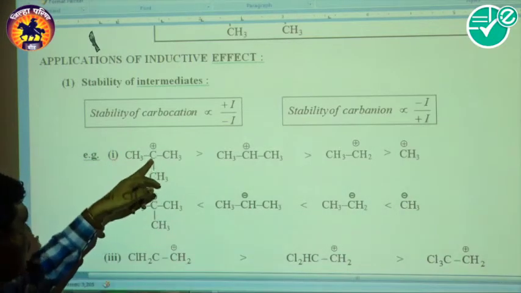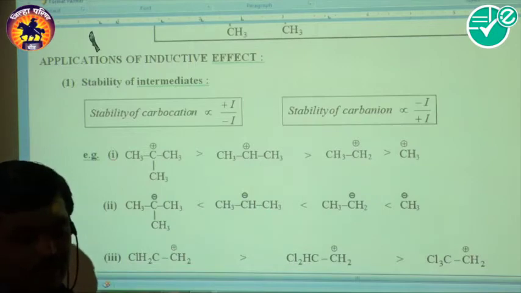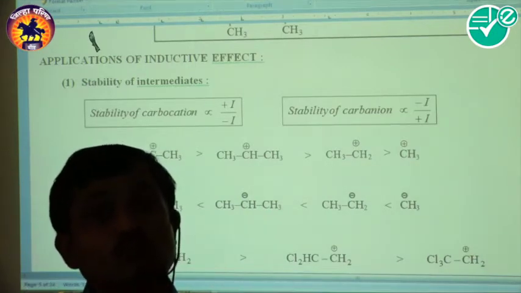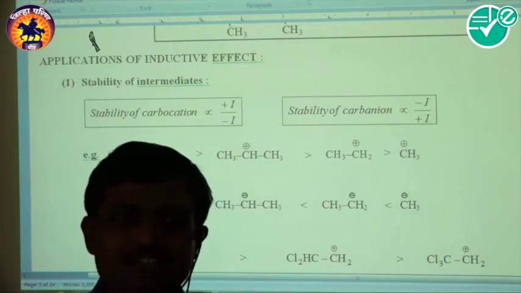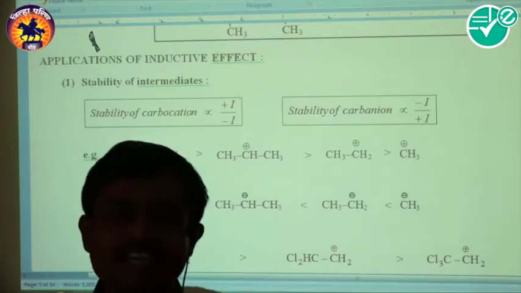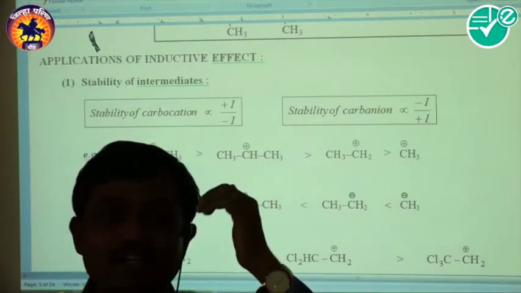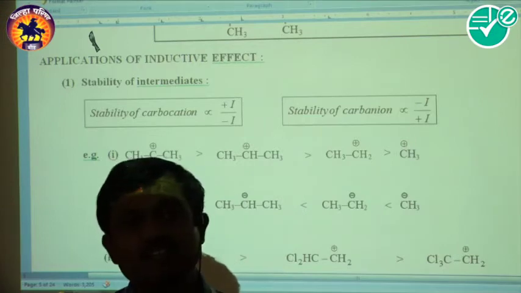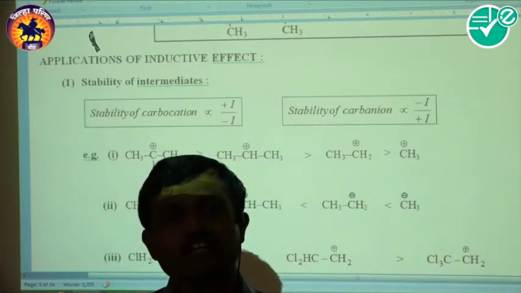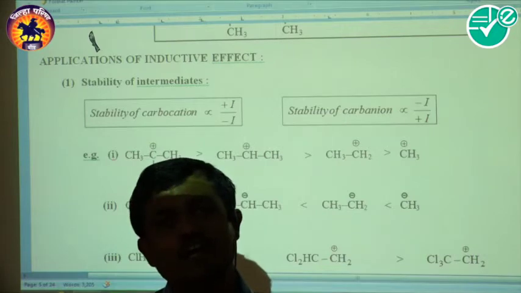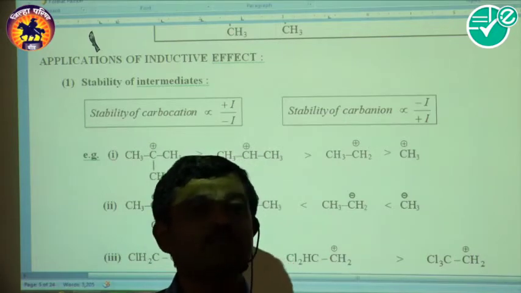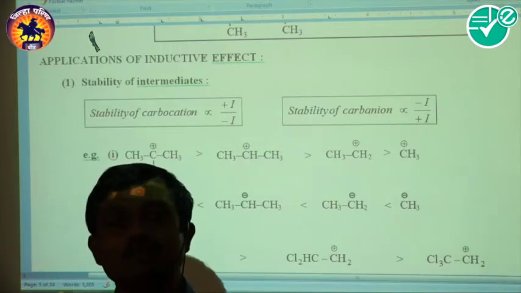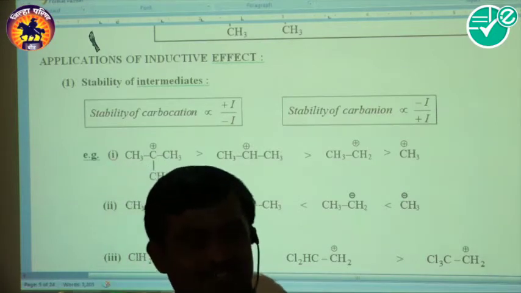But if you consider a carbocation and attach an electron withdrawing group to it, what happens? We know the carbocation is already a deficient species with less electron density, and if some atom or group of atoms withdraws that electron density, it becomes more and more unstable.